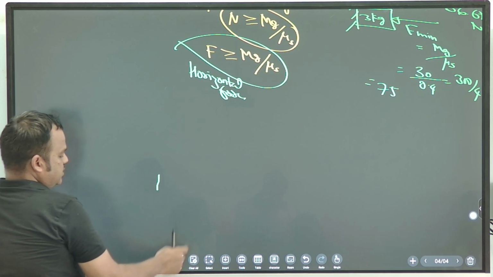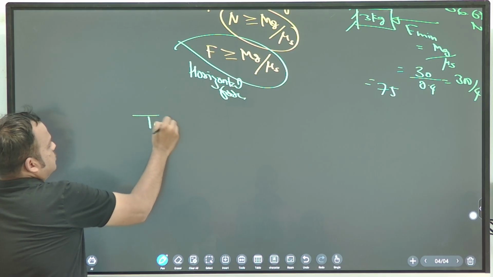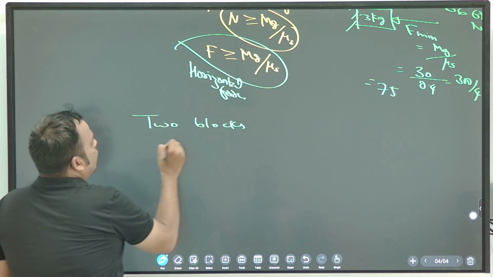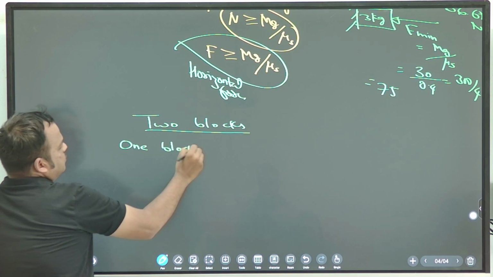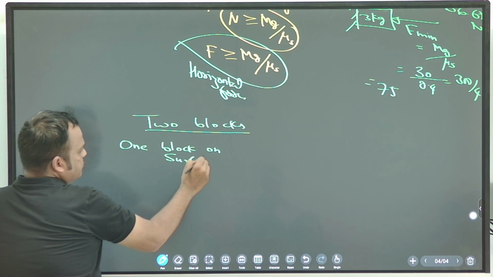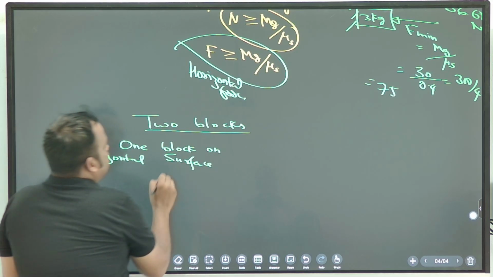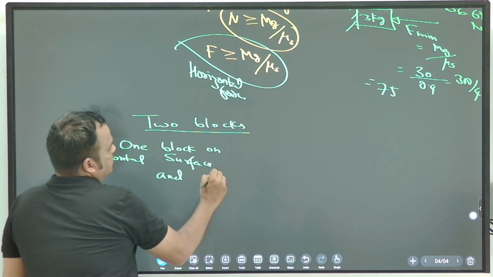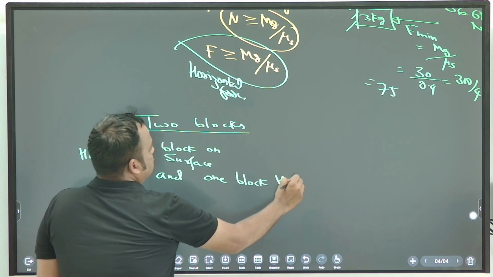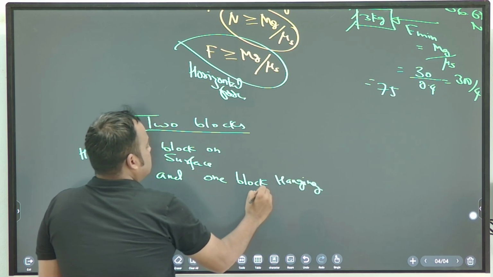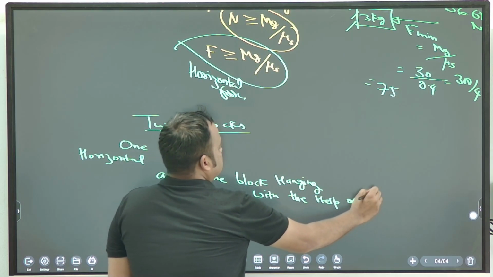Now two blocks, let's discuss two blocks. One block on a horizontal surface, and one block hanging with the help of a string.